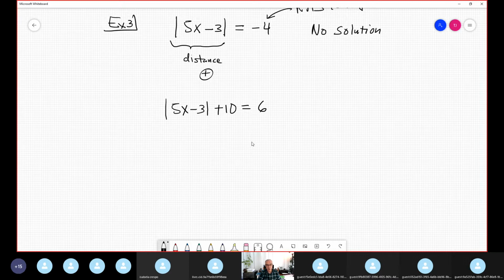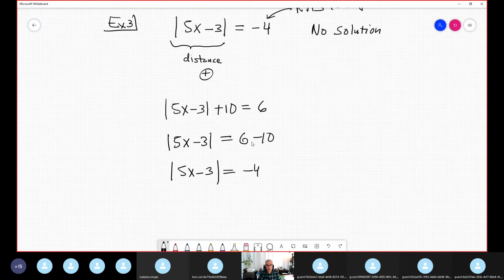Because the first thing you should do is isolate that part. So you move 10 to the other side, 6 minus 10 is negative 4. And you come back again to the same stupid problem, no? No solution.